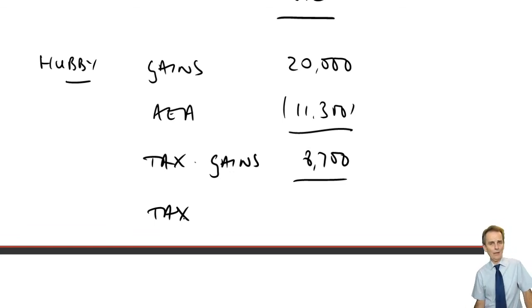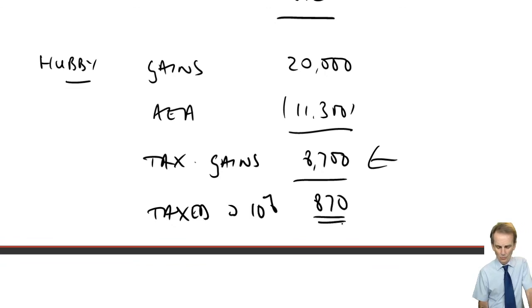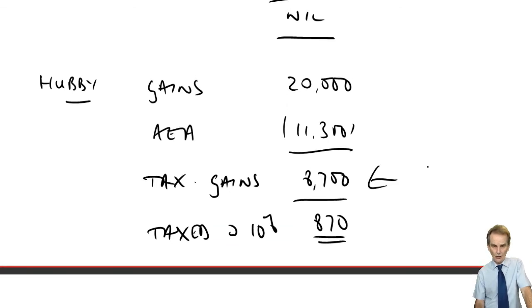Remember, his current taxable income each year is £20,000. So he has available some £13,500 of remaining basic rate band. This taxable gain is nowhere near that at only 8.7, so it will be taxed at 10%, which of course will be £870. So under the revised plan, she pays no tax, she's got nil taxable gains.